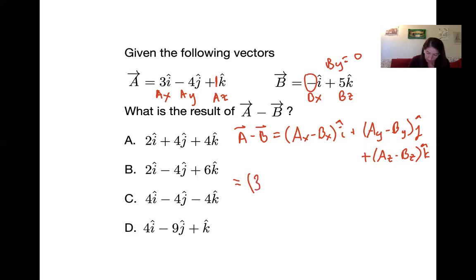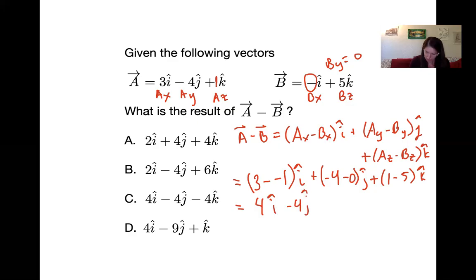So we get 3 minus minus 1, which is going to ultimately be plus 4, i hat, plus minus 4 minus 0, j hat, plus, and then in our final term, we have a_z is 1 minus 5, k hat. So this is 4i hat minus 4j hat minus 4k hat.